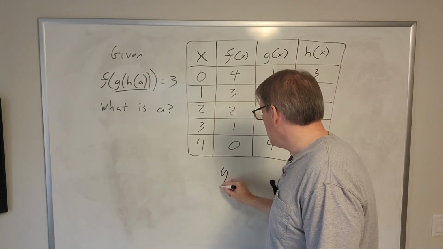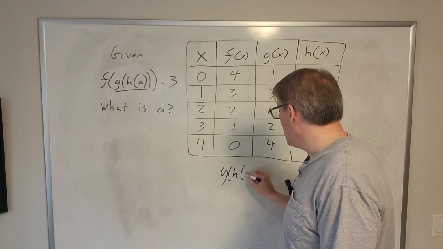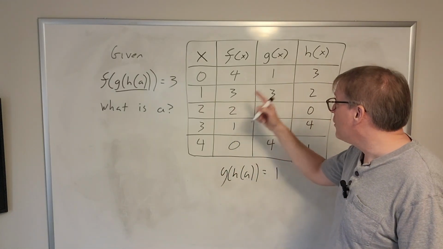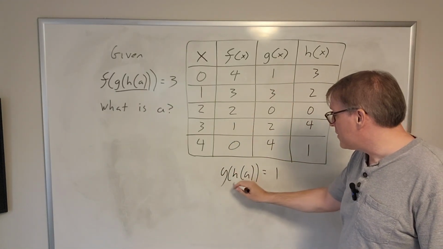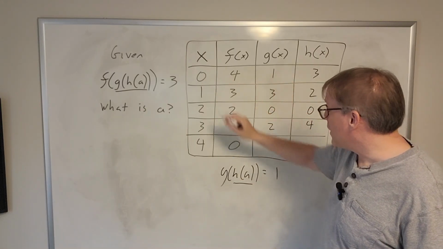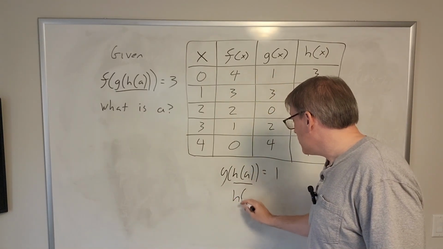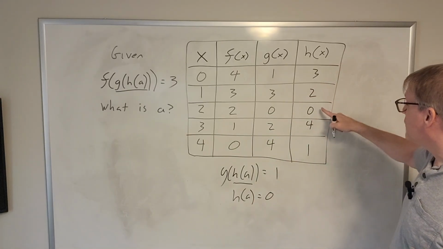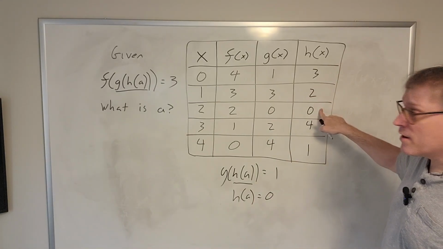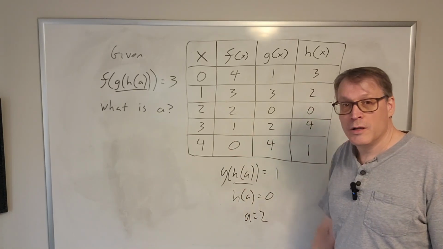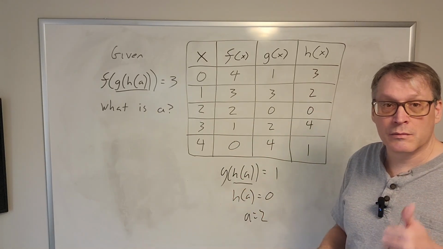So g of h of a is 1. For g to be 1, the inside has to be 0, which means h of a has to be 0. To get h of a equals 0, x has to be 2. That means a equals 2. So just work from the outside in, good to go.